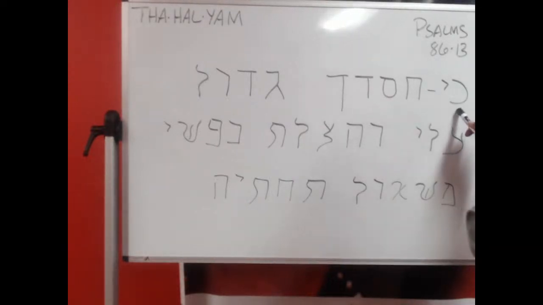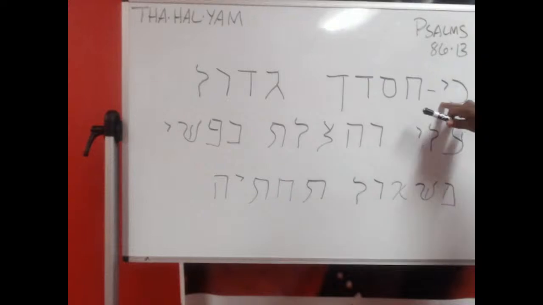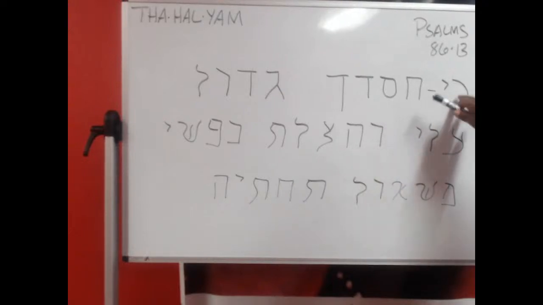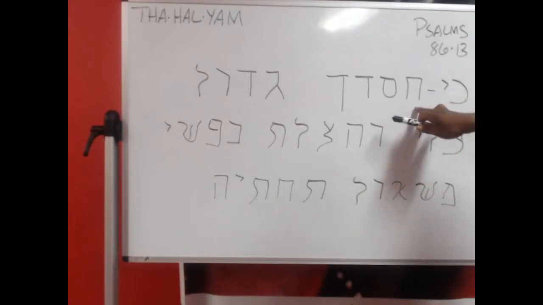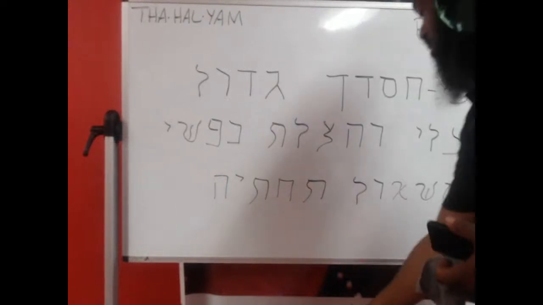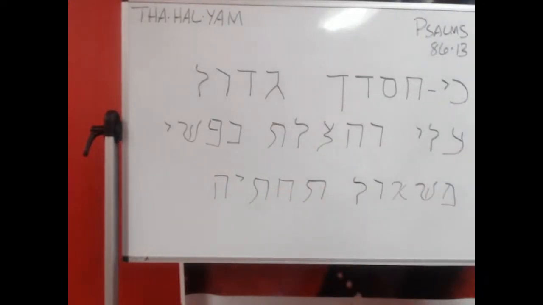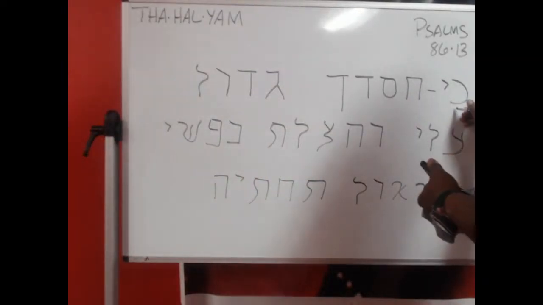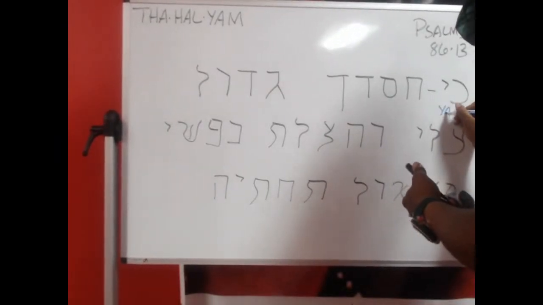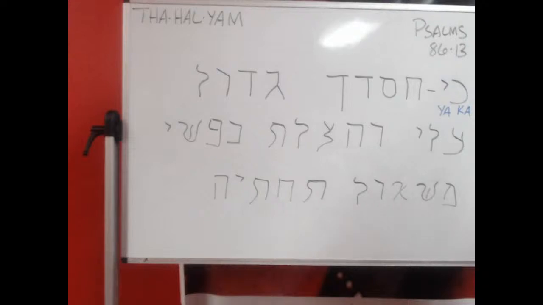So we have Ka, then Ya. Take a look at the alphabet. Kaya. There we go. We got Ka, Ya. What's my next syllable?